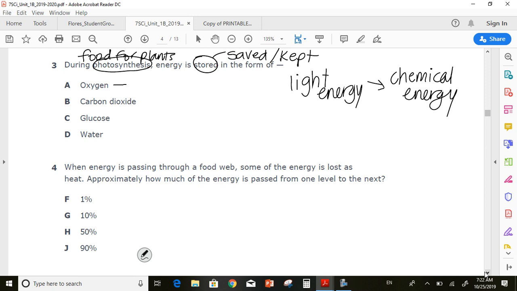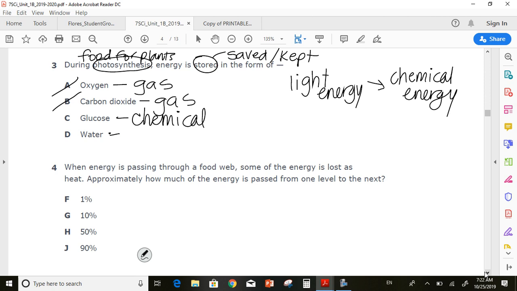Okay? Oxygen is a gas. Carbon dioxide is a gas. So these can't be your answers. Okay? Glucose, alright, is a chemical. It's in fruit, it's in vegetables, it's in the plant.